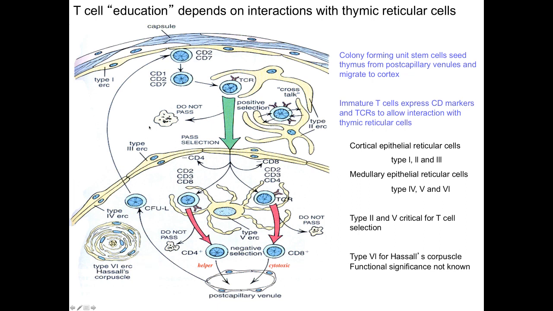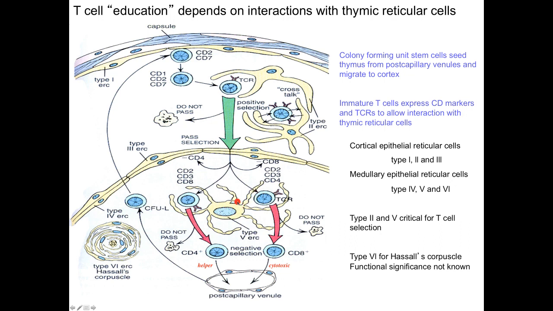So what this cartoon is showing is you've got these immature T cells that are interacting and expressing various CD markers and T cell receptors on their cell surface. They're cross-talking with the thymic epithelial cells. They're undergoing various processes of selection. Those that pass the selection enter into the medulla where there's additional CD markers expressed and additional T cell receptors expressed.